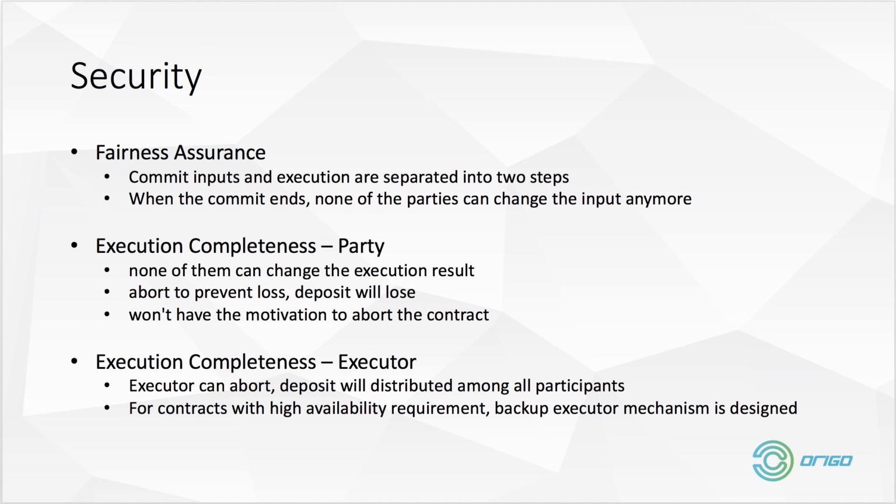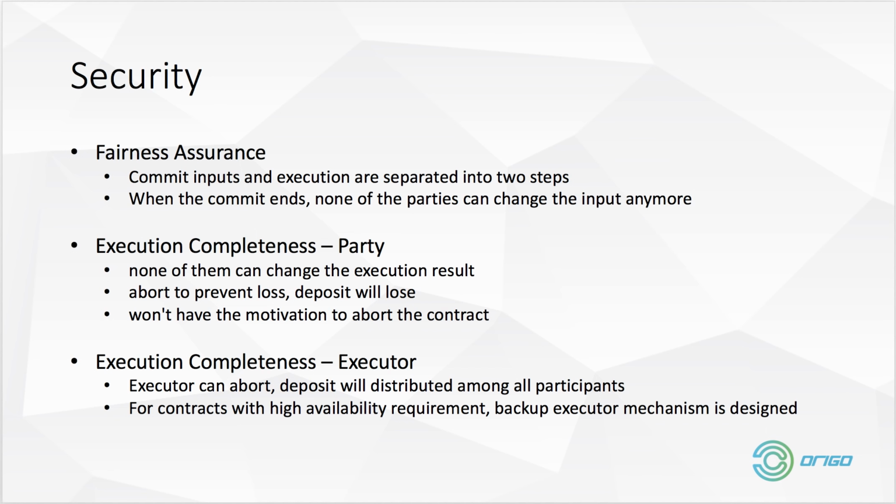Even if the executor is one of the participant's friends, or even the same person, and he knows all of the inputs, and says, okay, I will generate some other execution result, I will change the result to be something I want, that's impossible, because this zero knowledge proof is verifiable.